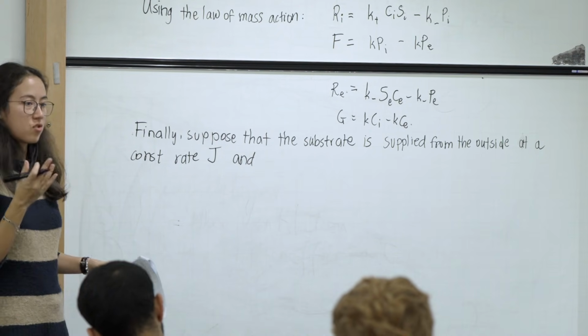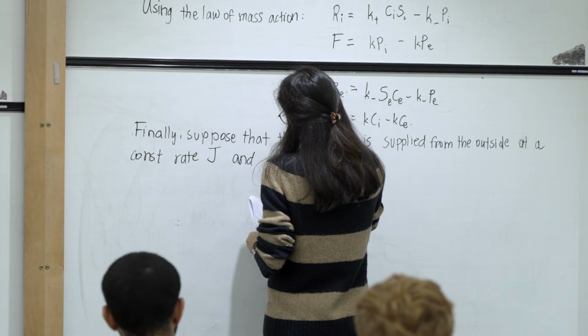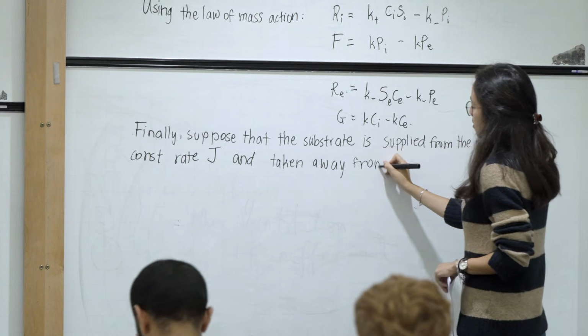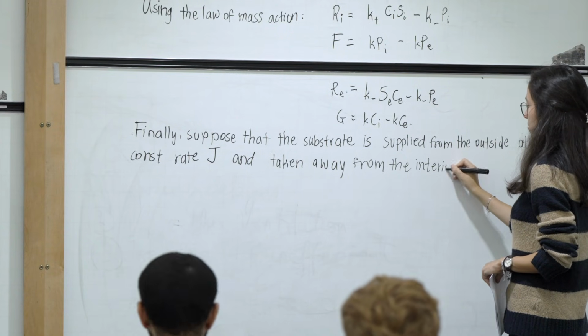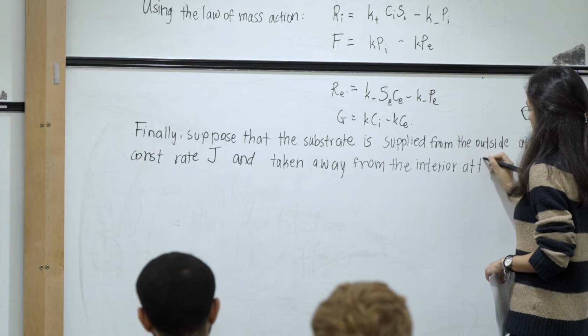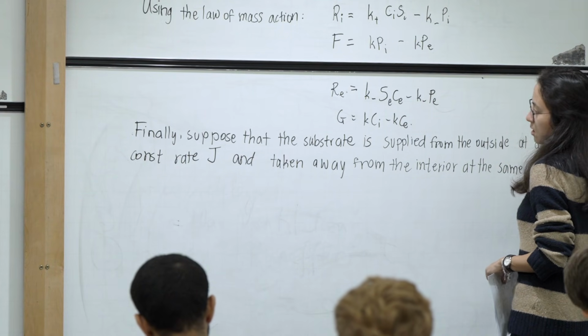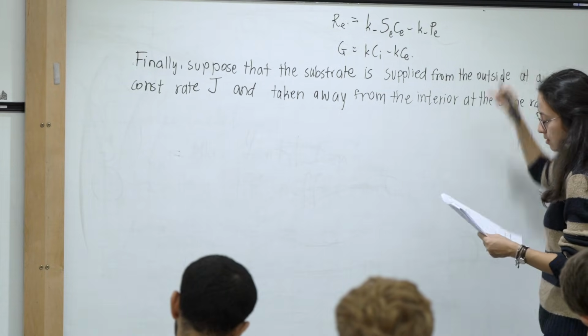So it's going to be minus J basically. So we have that this is being taken away from the interior at the same rate. Okay, and this is, as I said, to avoid a steady state where the flux is zero.